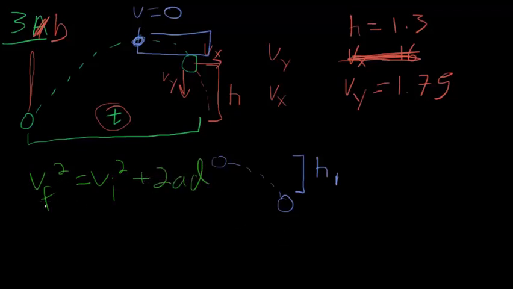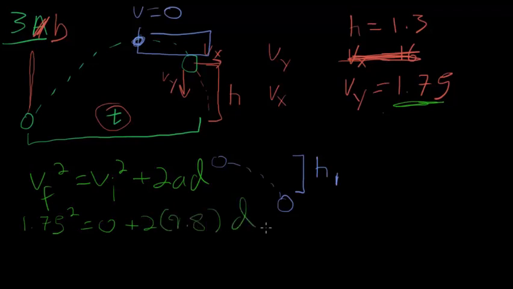Now remember, we know the vf. The vf is what that ball was at. The vi is going to be 0 because we're at the apex. And we know the acceleration, 9.8, and d is what we're trying to figure out, because d is going to be h1.